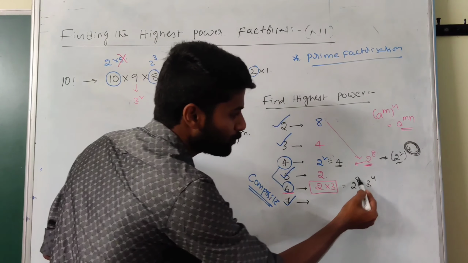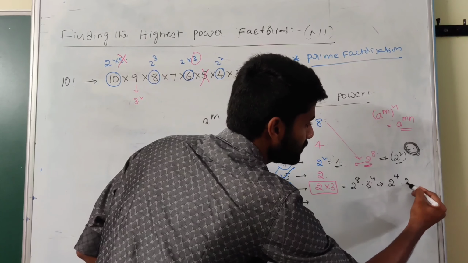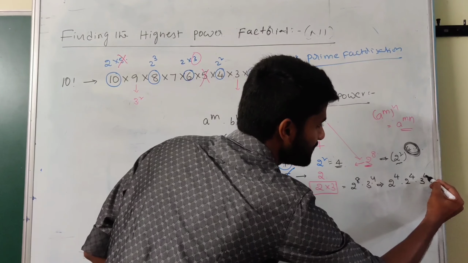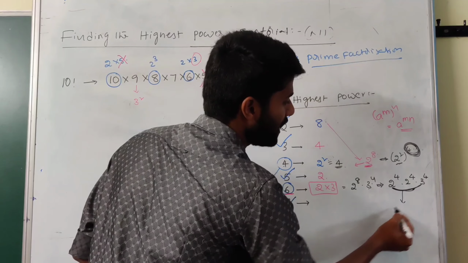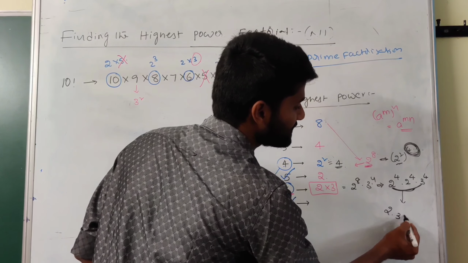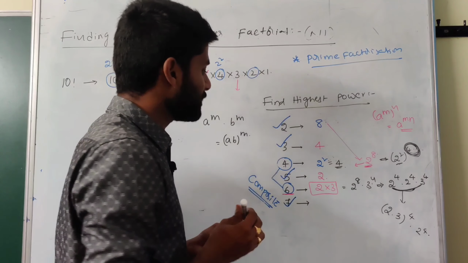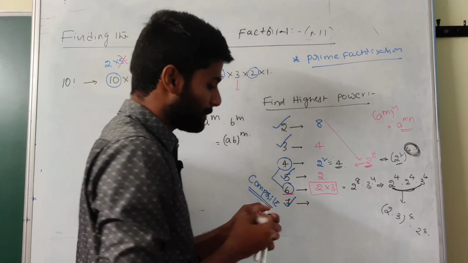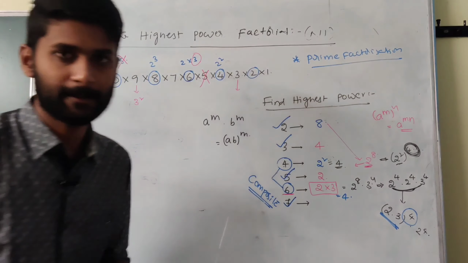Then 2 power 8 and 3 power 4 can be written as 2 power 4 into 2 power 4 into 3 power 4. We require these two together, so 2 and 3 whole power 4 into 2 power 4. What is the maximum power of 6? The maximum power of 6 is exactly equal to 4 only.